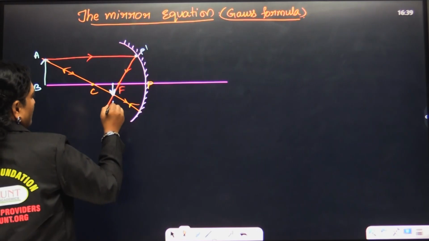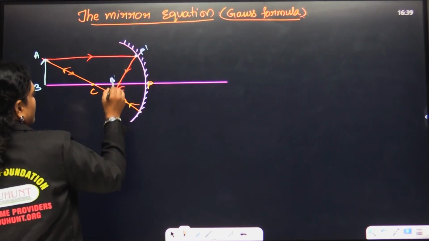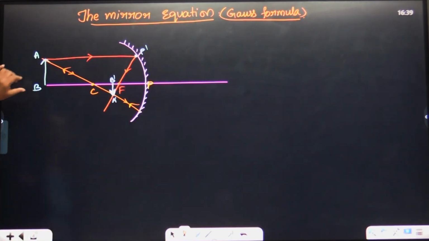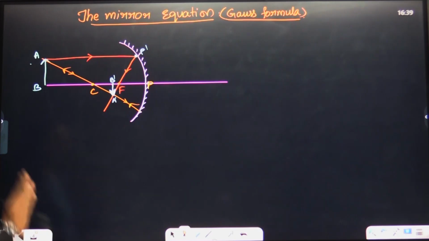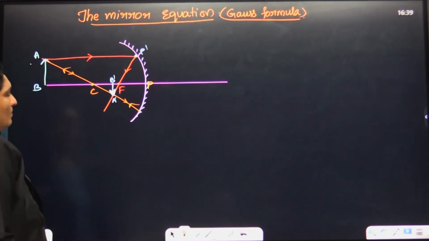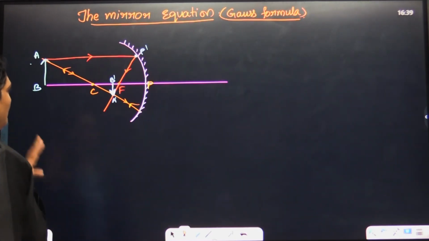Let us name this image A dash, B dash. Let AB be the object at some distance U, and A dash, B dash be the image of the given object. Now let us get the relation between these.